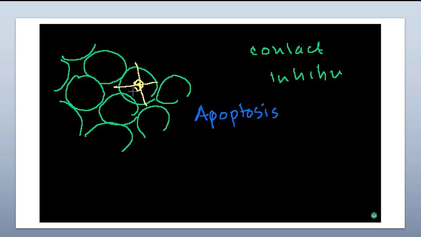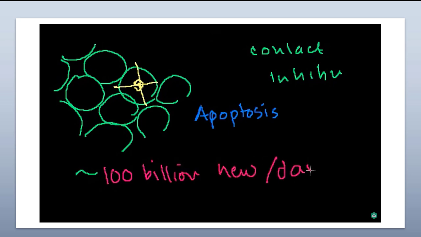And just to give you an idea, even if mutations are relatively infrequent, and I don't know the exact frequencies at which mutations occur, I suspect it's of different frequencies in different types of tissues, there are on the order of 100 billion new cells in the human body per day.